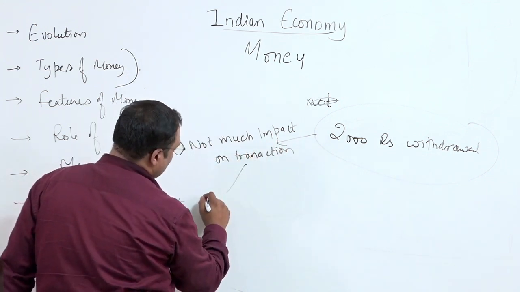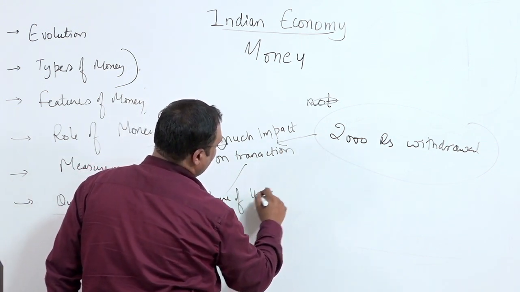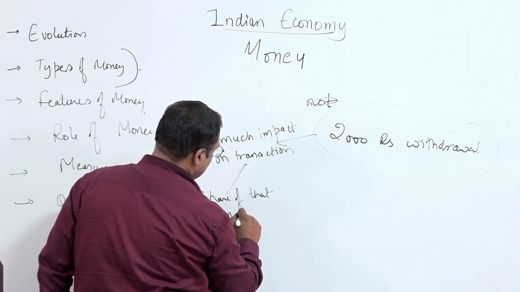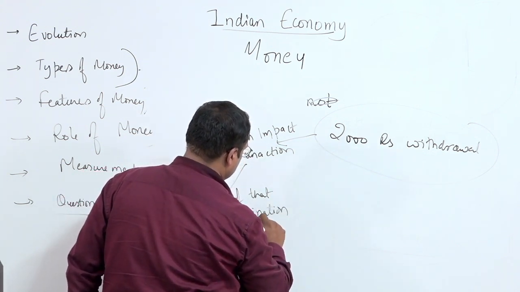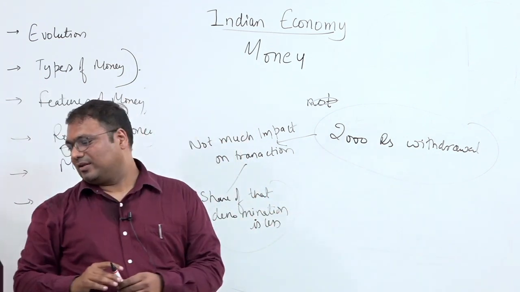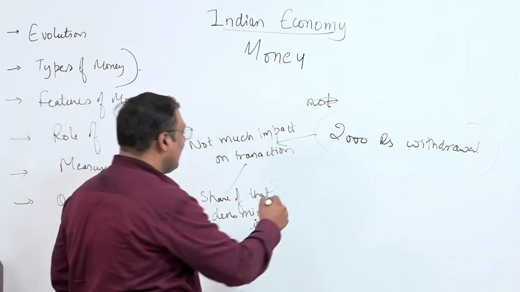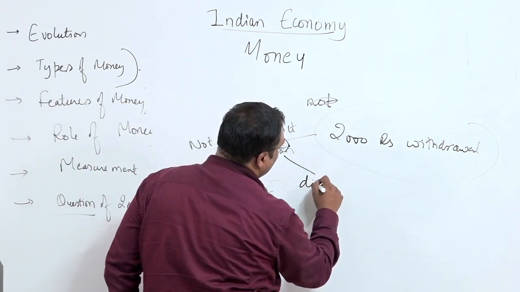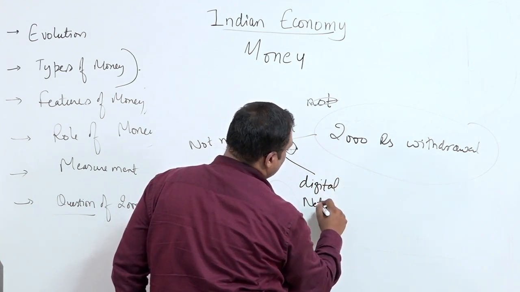Because the share of this denomination is less. Then secondly, we have some digital alternatives. The digital network is now mature.